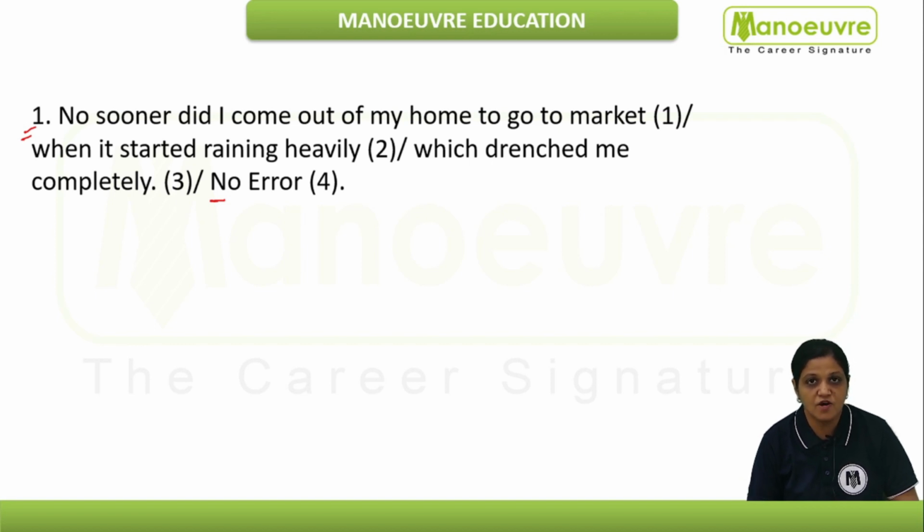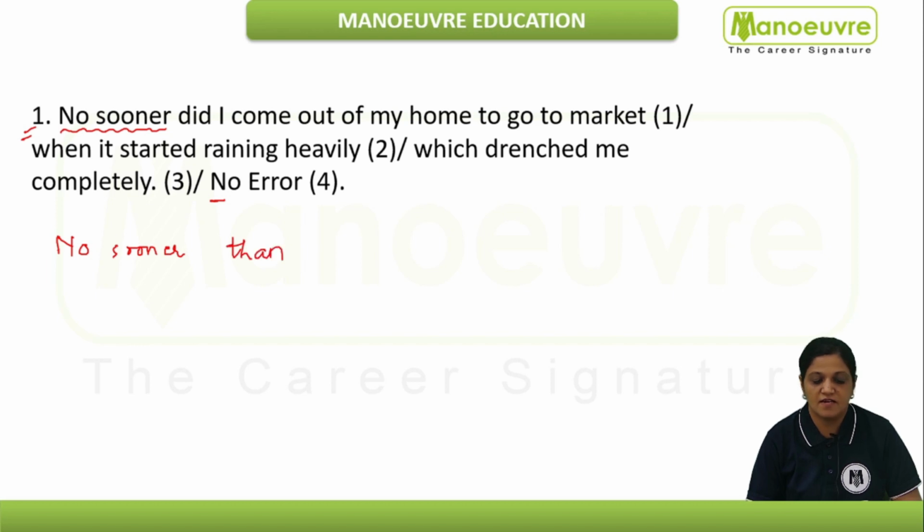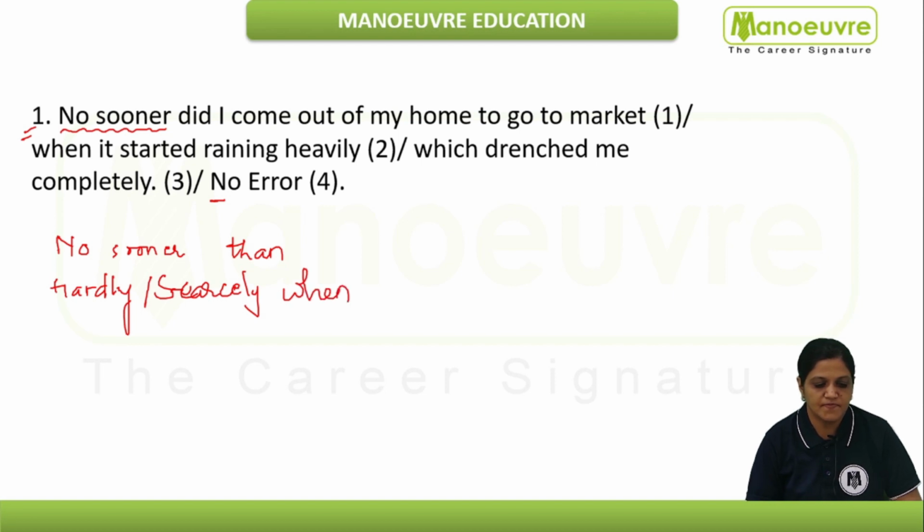Yes, we have got the error in this sentence. The sentence is starting with no sooner. We know the commonly used pairs of words, like no sooner is associated with then. Hardly and scarcely are used with when, and as is used with a pair of as.